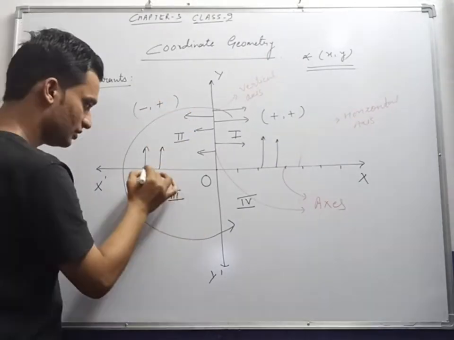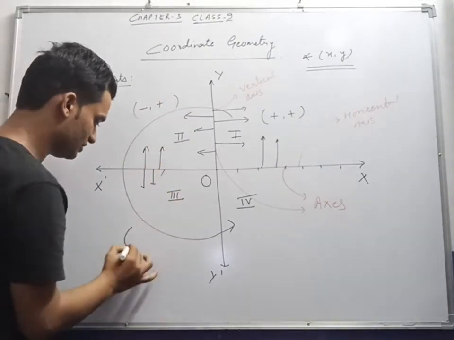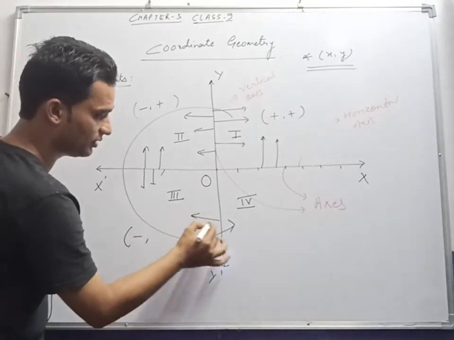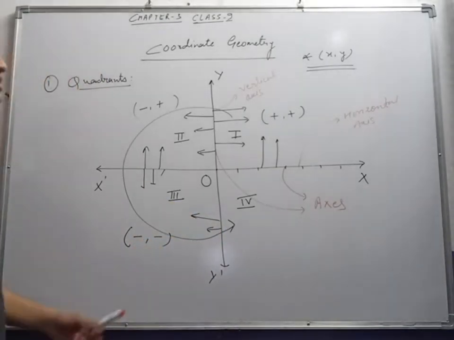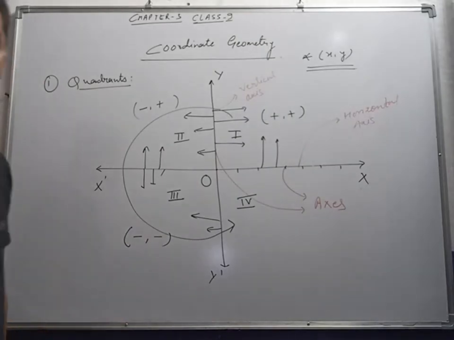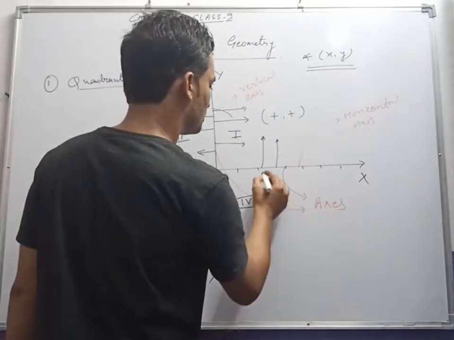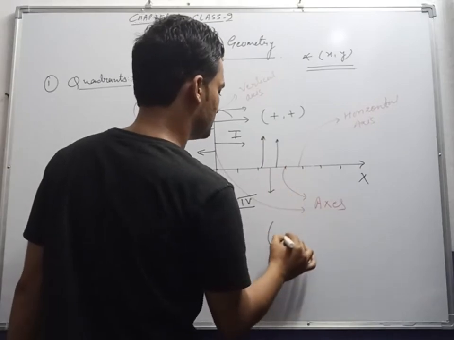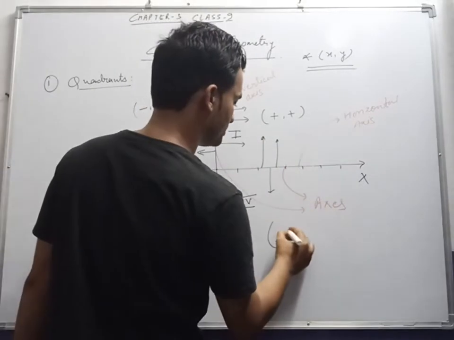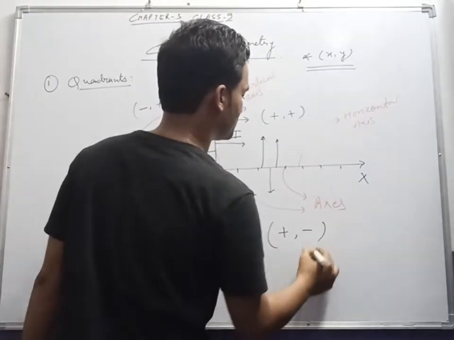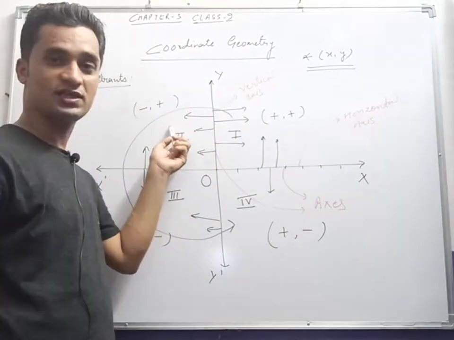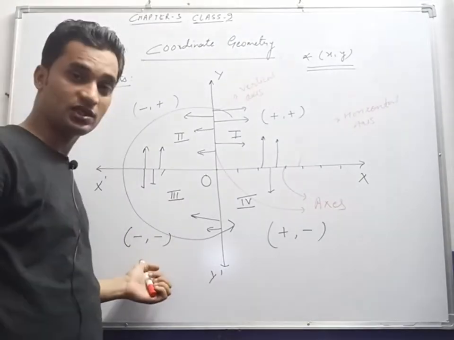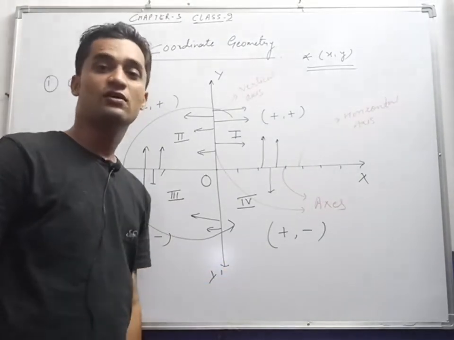In the third quadrant, x on the left side and y downside are both negative, so minus minus. In the fourth quadrant, x on the right is positive and y downside is negative, so plus minus.